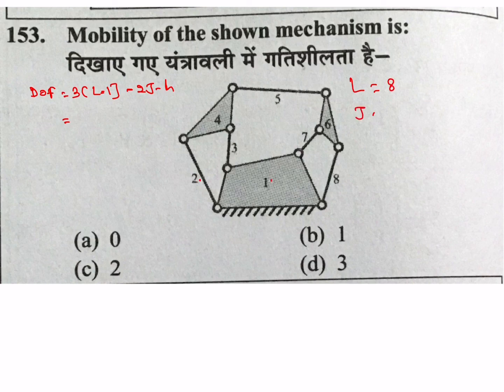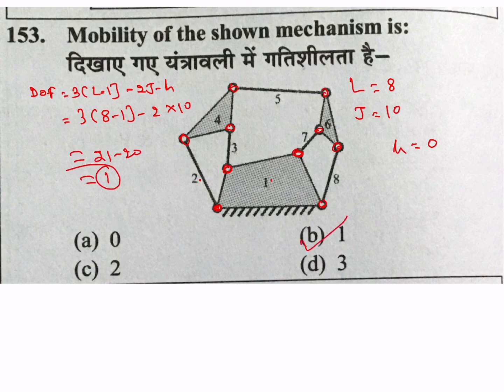L equal to 8. J equal to 1, 2, 3, 4, 5, 6, 7, 8, 9, 10. H equal to 0. That's 3 into 7 minus 2 into 10, so degree of freedom is 1, or mobility is 1. B is your correct answer.